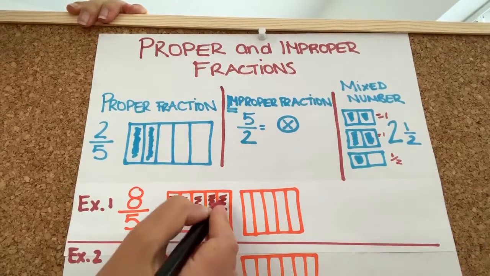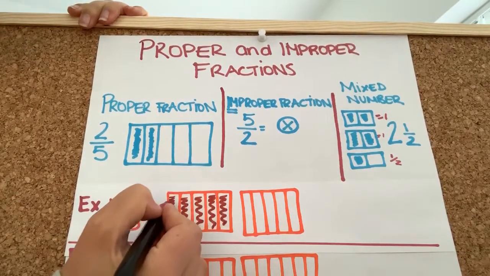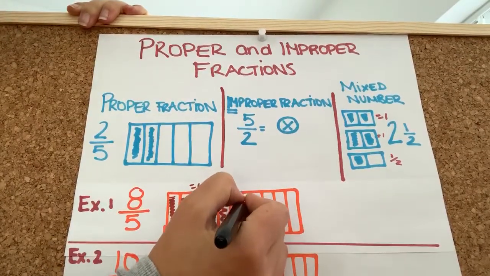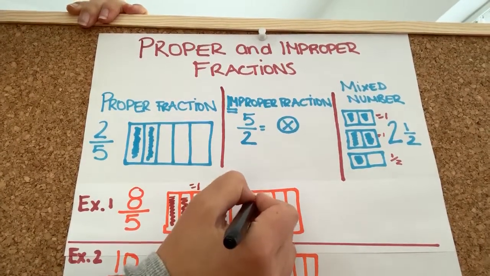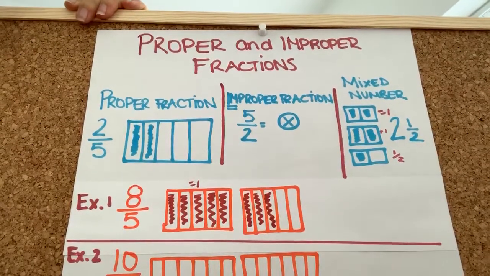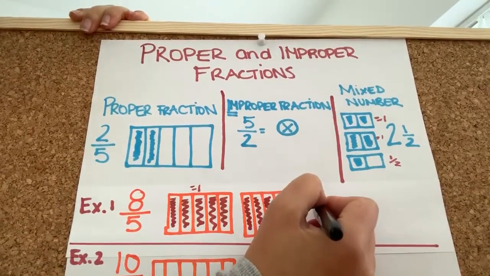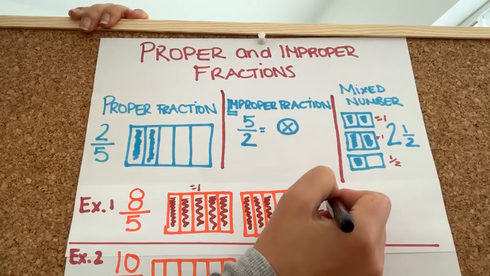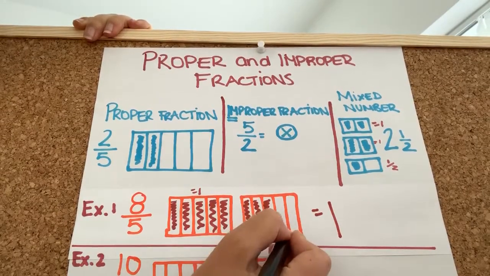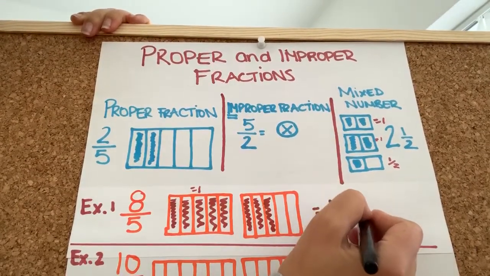So we've already got a whole box of 5, which is equal to 1. And then 6, 7, 8. So there's some leftovers. So we have 1 whole one, and then we have this fraction left. So it's 3 out of 5.